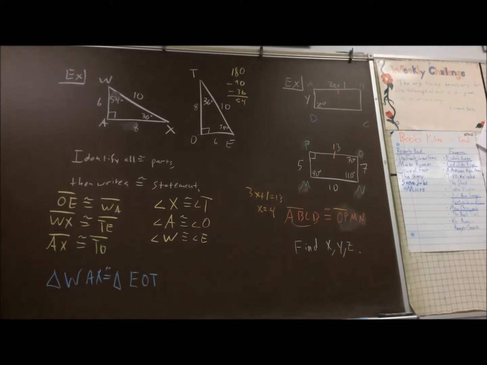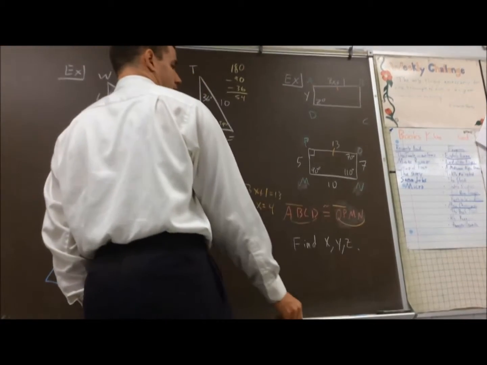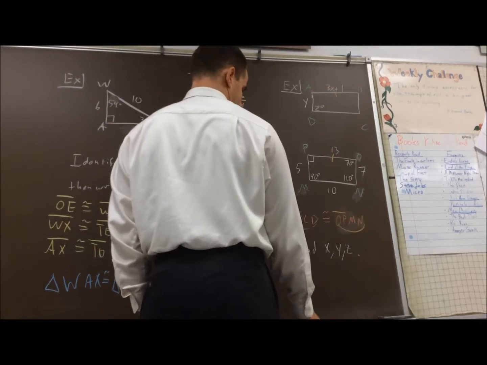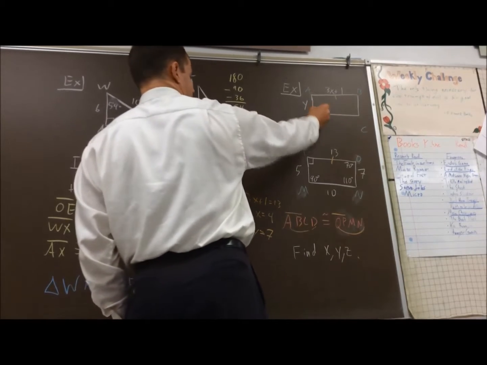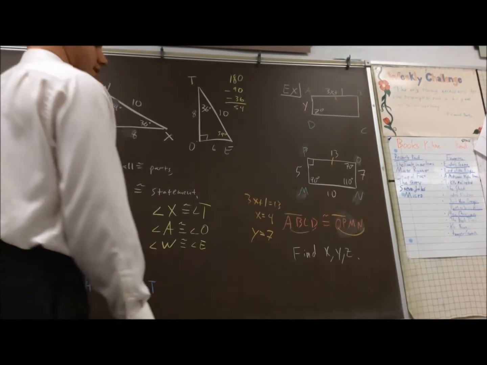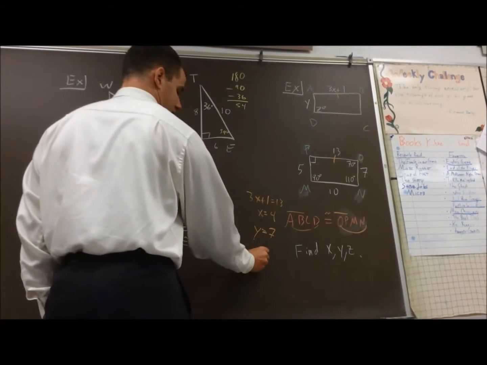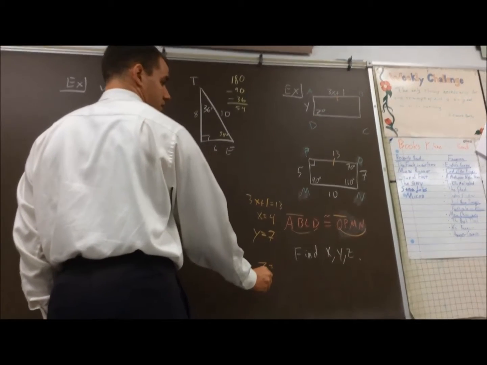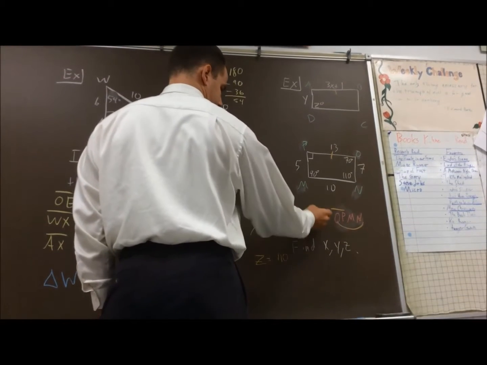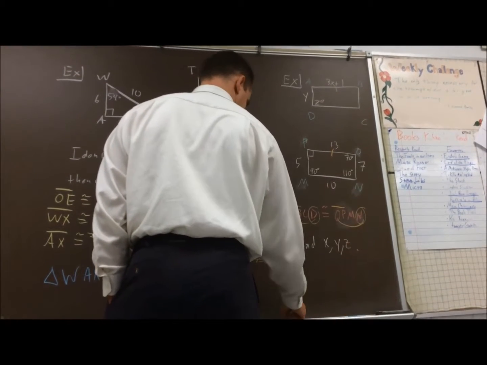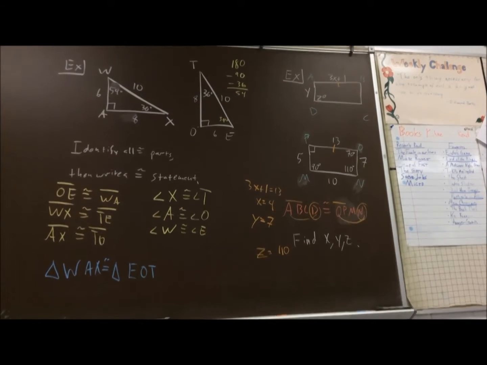AD is going to match up with ON. So I look over here to ON. Oh, so that's going to be 7. Y is equal to 7. And angle Z, it's your Z degrees right here, that's D. D matches up with N. So Z is equal to 110. Pretty simple.